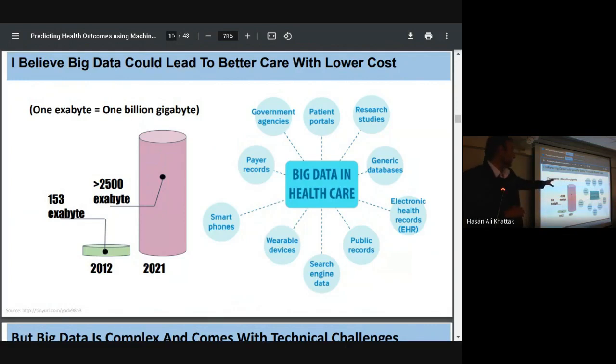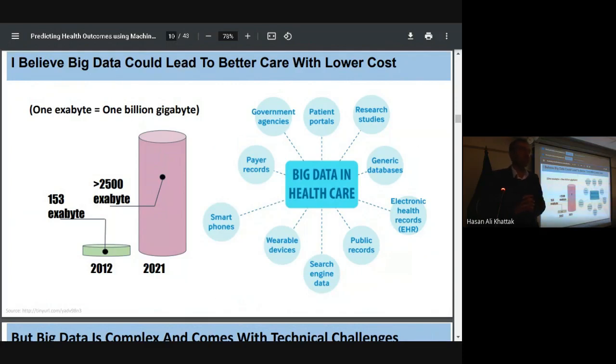You see here there are several bubbles around this rounded rectangle. Starting from the generic databases, we have databases about genes, proteins, and pathways. There are several others. There are more than 2,500 different types of biomedical or biological databases.